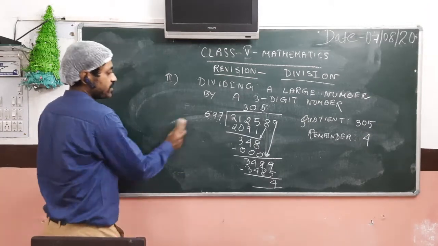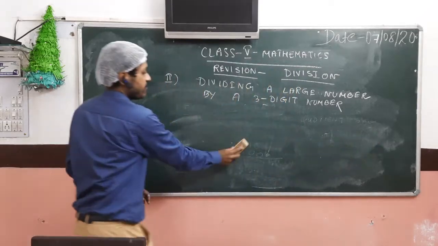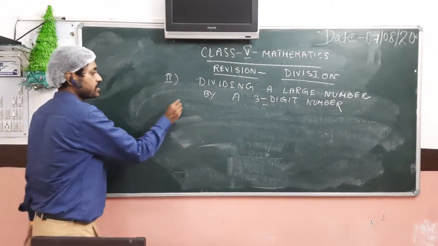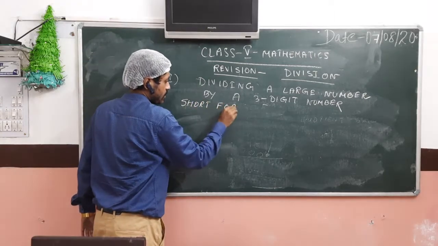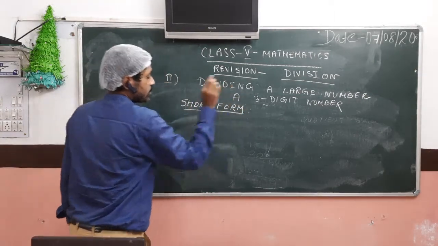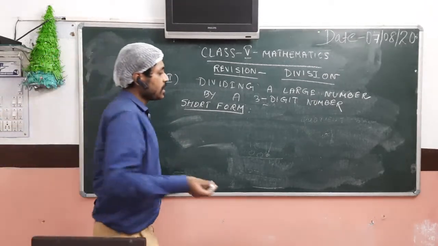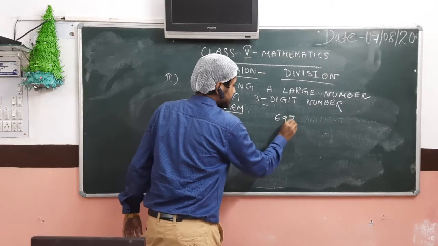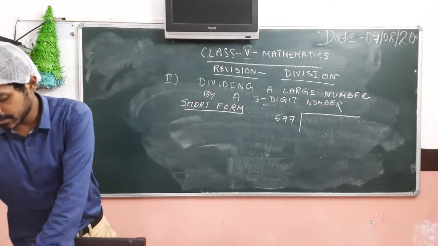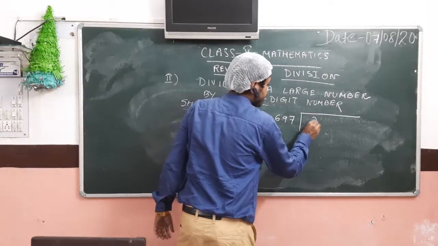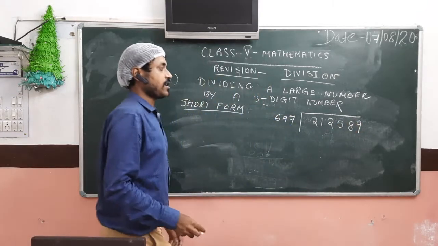A shortcut method or a short form method will be explained. Please listen to the short form very carefully because that is what is important also. The short form for discussing this method is, say we are dividing 212589 by 697.